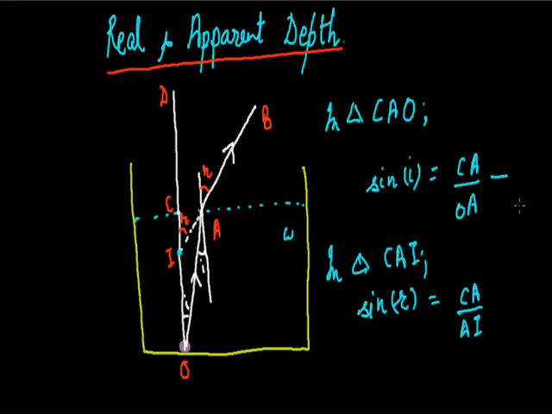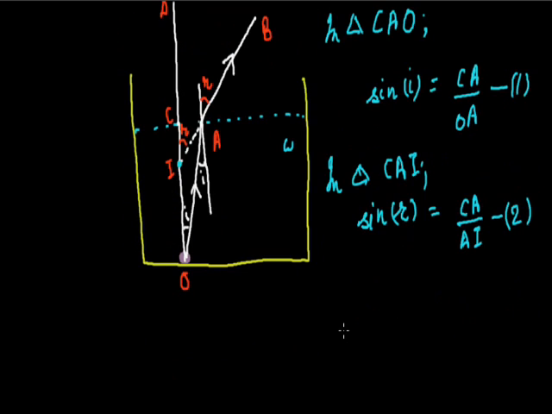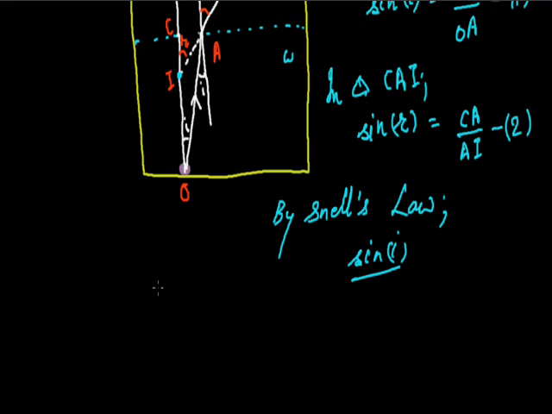Now, we have two equations, equation 1 which gives the sine of the angle of incidence, and equation 2 which gives the sine of the angle of refraction. If we apply Snell's law at the interface, then by Snell's law the sine of angle i to the sine of angle of refraction is equivalent to the refractive index of the second medium, air, with respect to water.